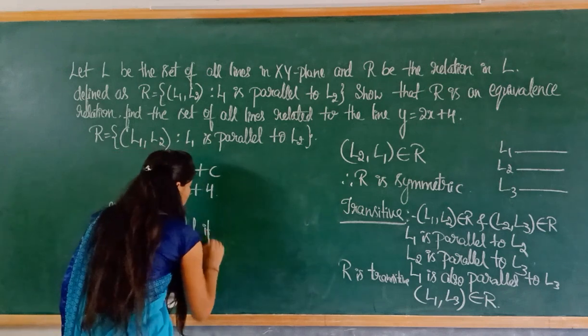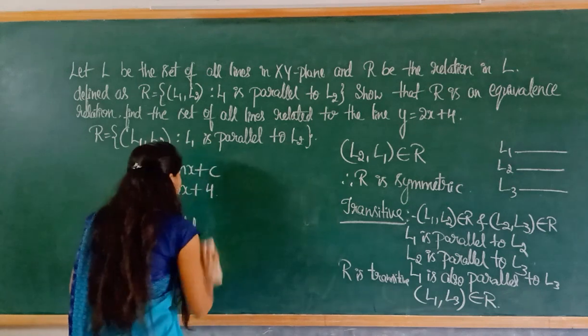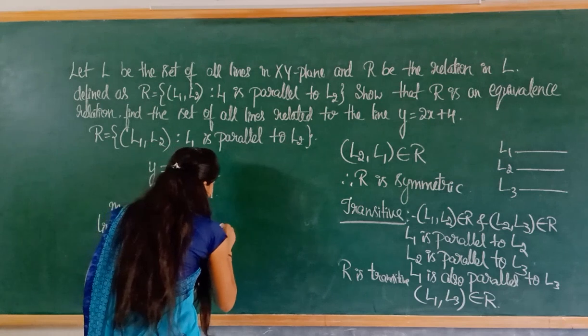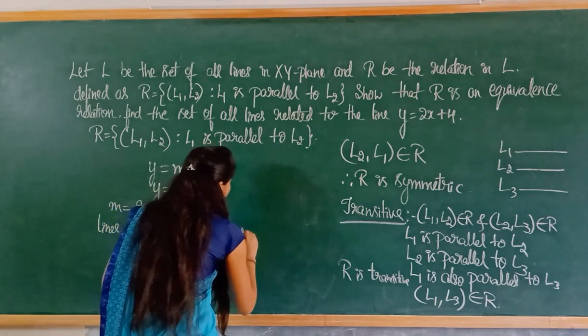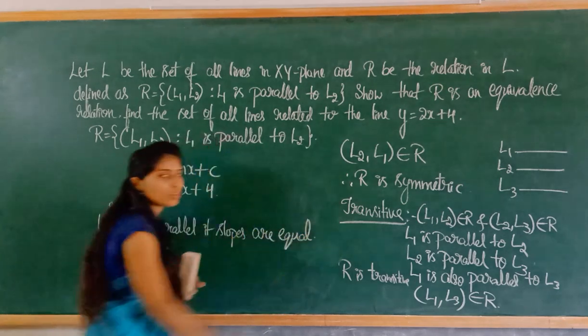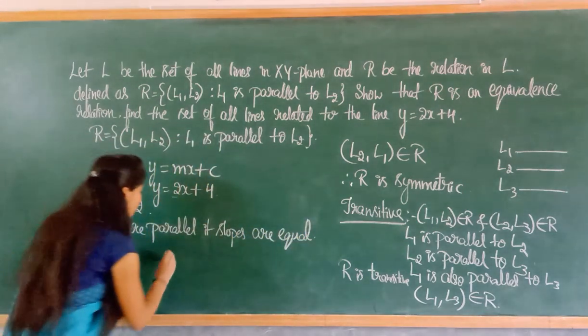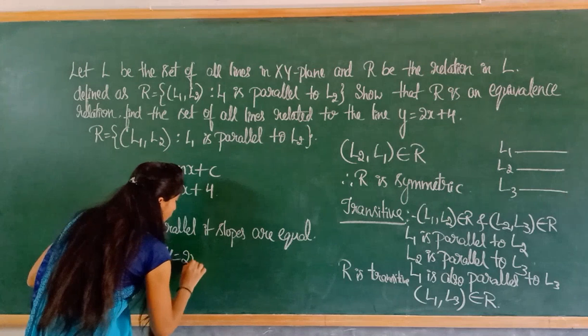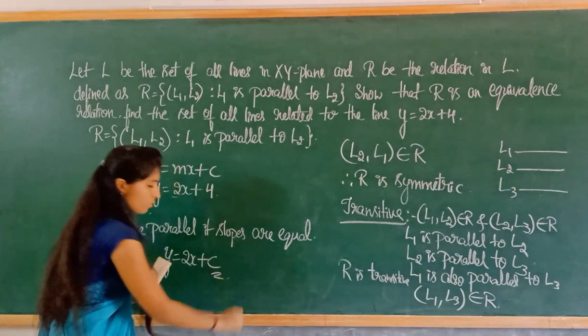If lines are parallel, slopes are equal, right? Therefore y is equal to 2x plus c.